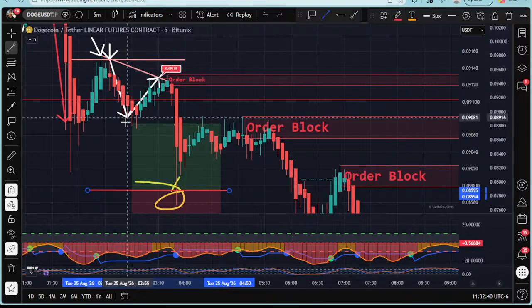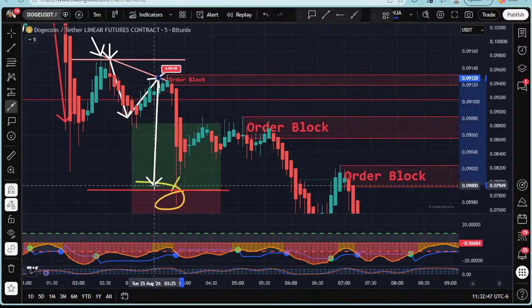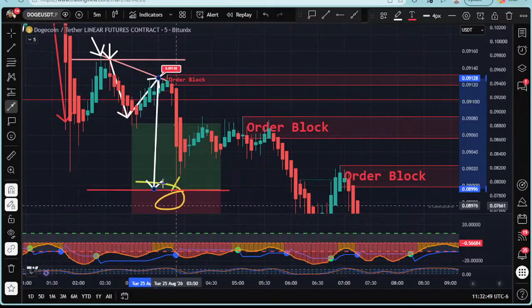And this actually does hit the target again. So it bounces, goes up, and then from here, it does hit that target.